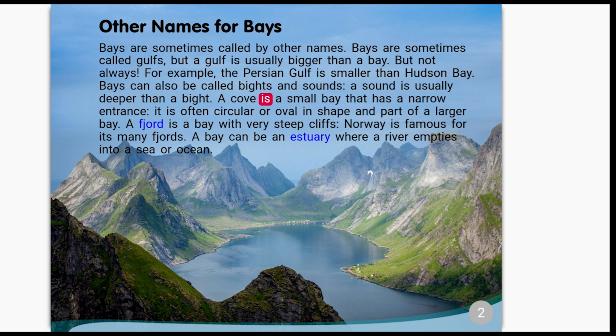A cove is a small bay that has a narrow entrance. It is often circular or oval in shape and part of a larger bay. A fjord is a bay with very steep cliffs. Norway is famous for its many fjords. A bay can be an estuary where a river empties into a sea or ocean.